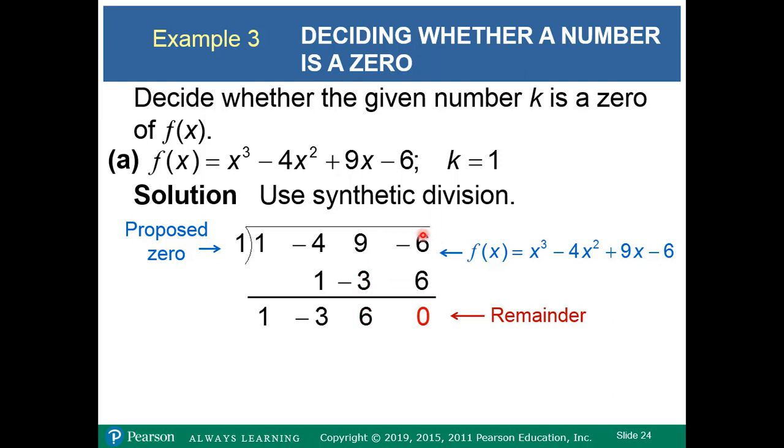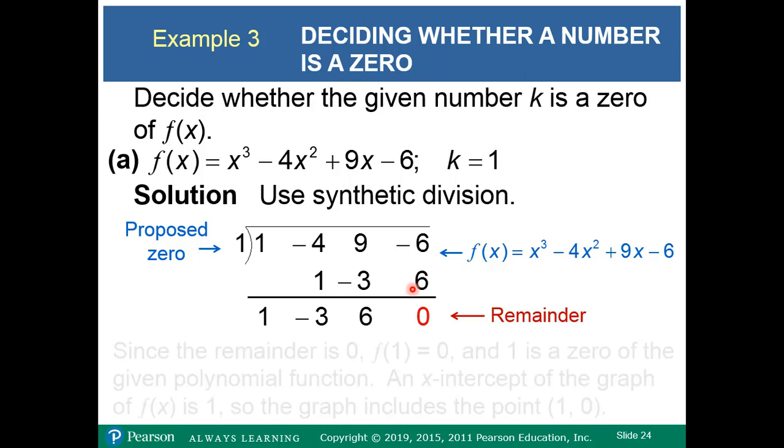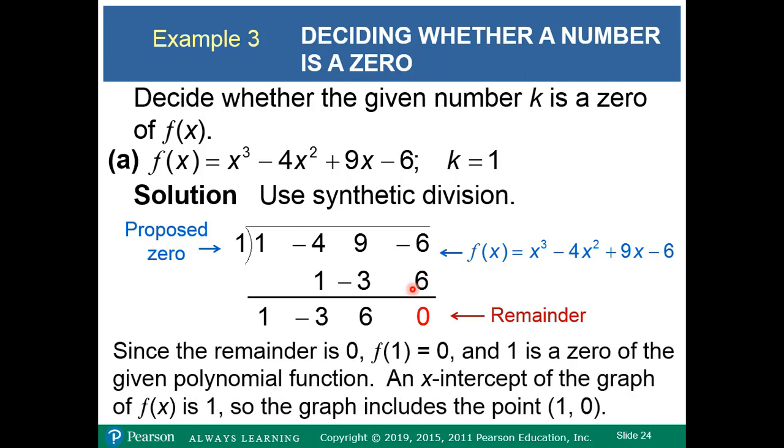And then we get negative 6 plus 6 equals 0. And now, since we got the remainder 0, this means that 1 is a 0 of the polynomial. It's an x-intercept, in other words. And so we know that the x-intercept in this case is going to fall on (1, 0).